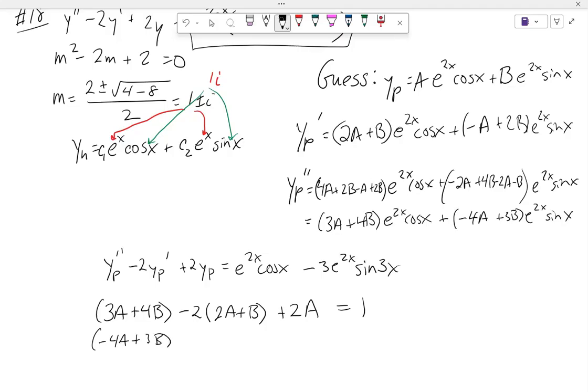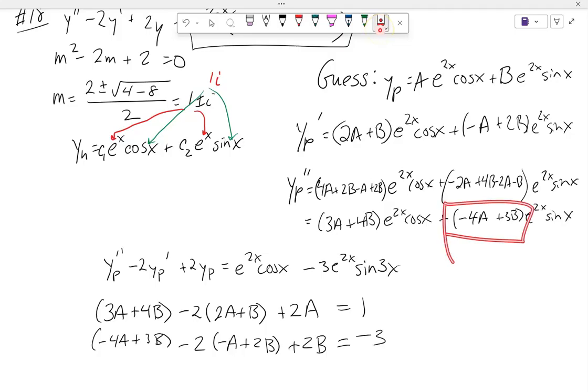Plus 2 minus A plus 2B. Minus. Oh, I see what you're saying. So it'd be minus 2 times negative A plus 2B. Okay. And then plus 2B. Good. Exactly. And what's that have to equal? Fantastic. Good. Exactly right.